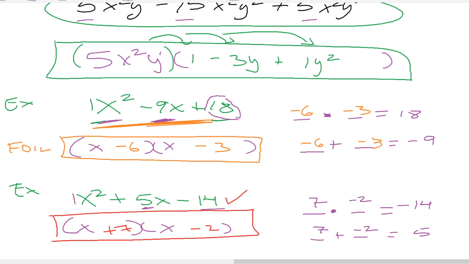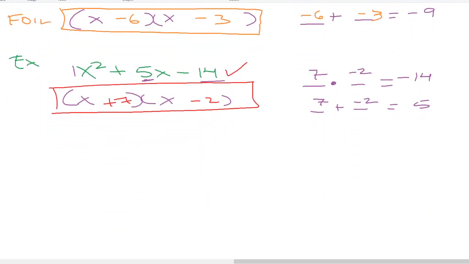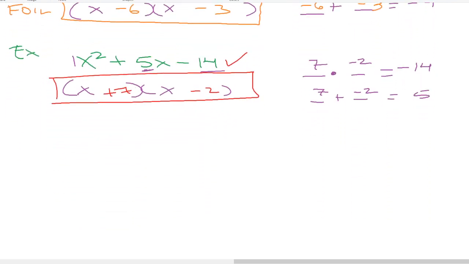So that's the main idea of how we do this. There are times, however, when you will not get any factors. In such a case, we say that the trinomial is prime. Okay, let's look at a couple more really quick.